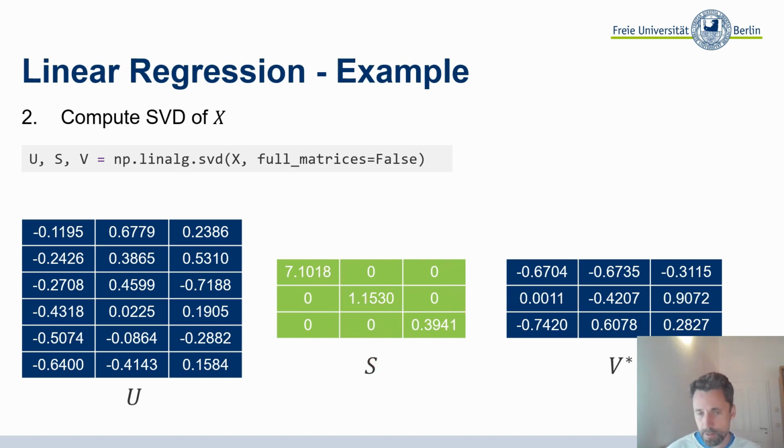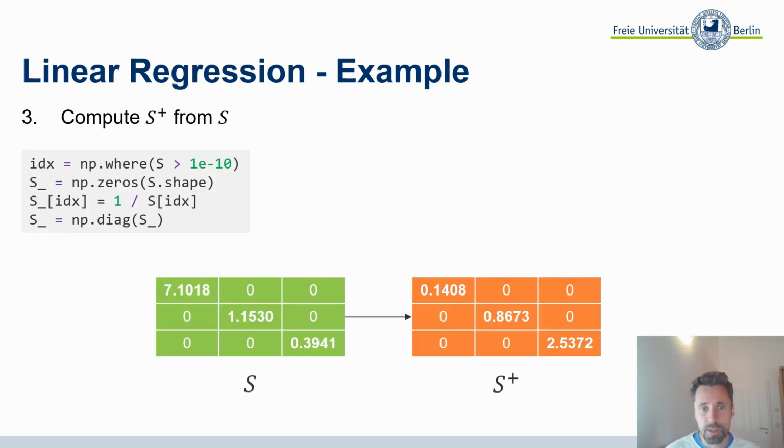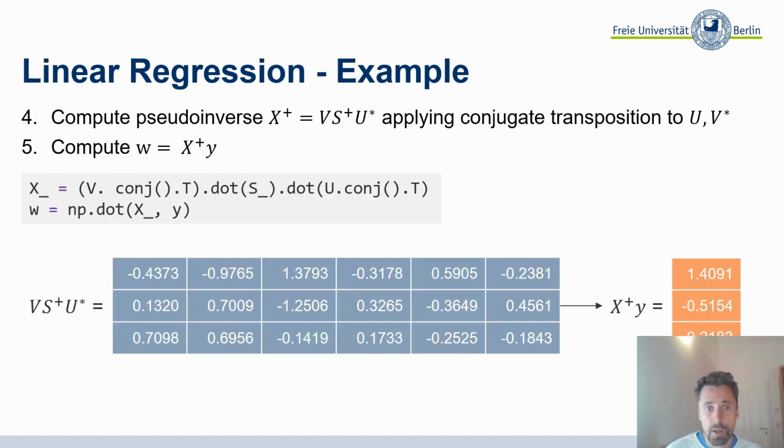It's, as I said, a triangular matrix, and you can just use these diagonal values here and invert them by computing 1 over those values themselves. And then we put this all together in our matrix X plus, and then we can multiply this with the values that we have given.